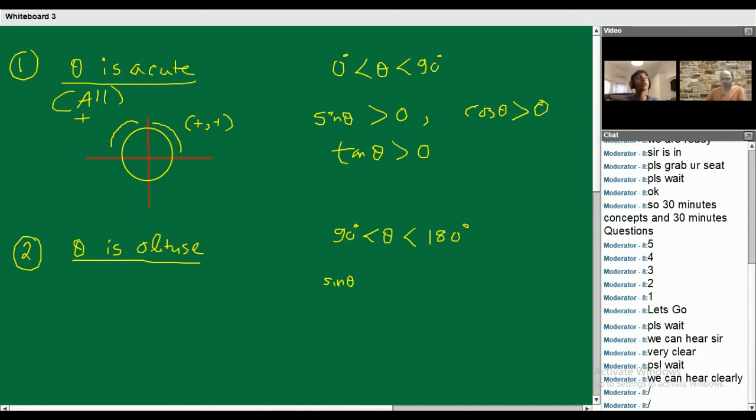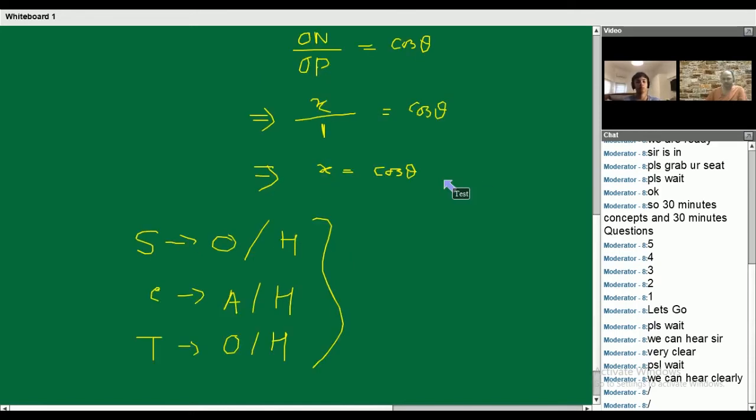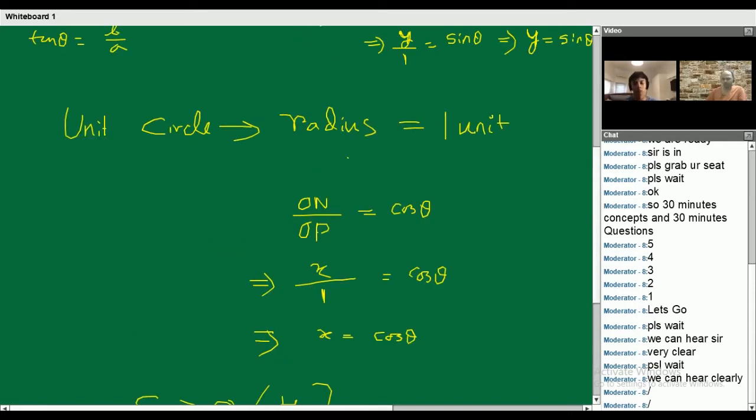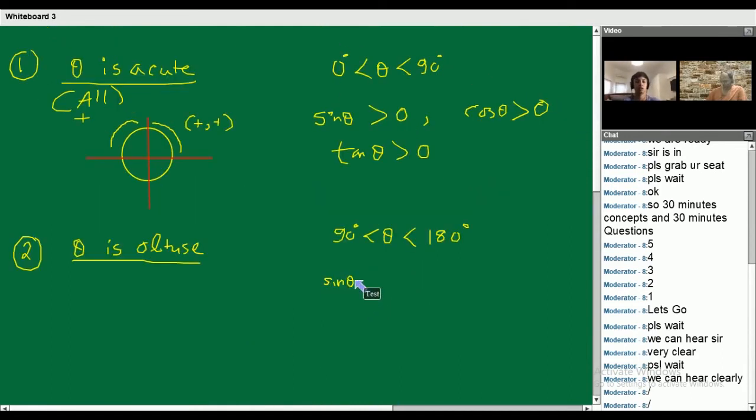Here x is equal to cos theta and y is sin theta. So y will be positive and x will be negative. Sine will be positive, cos will be negative, because x is to the left of the origin.